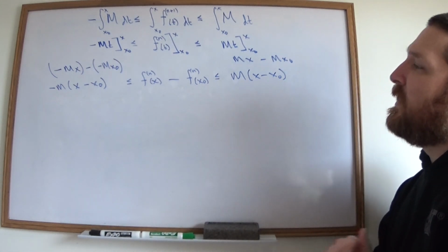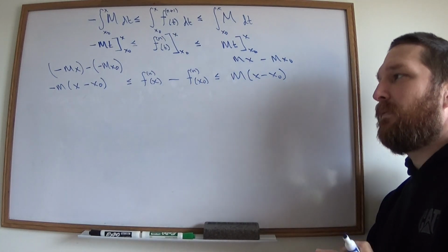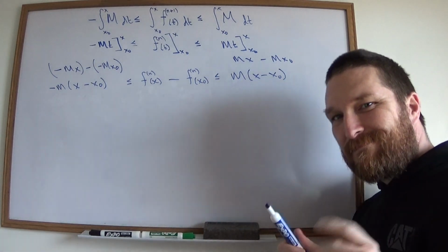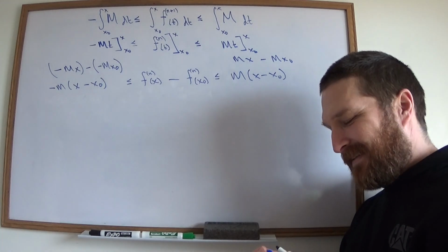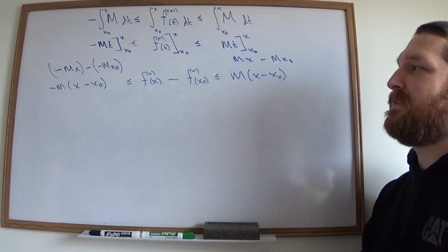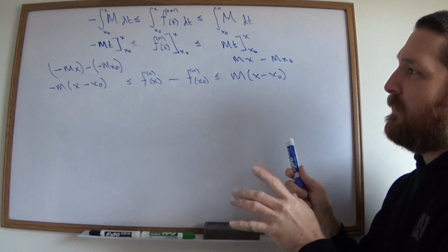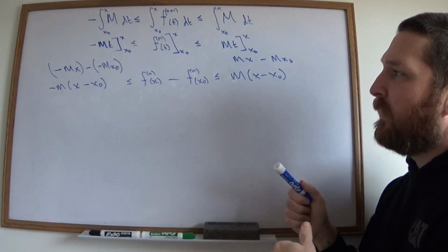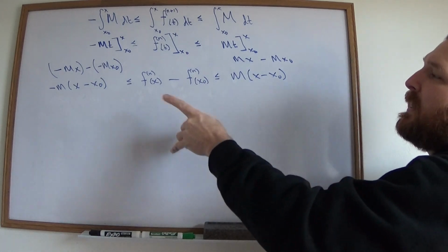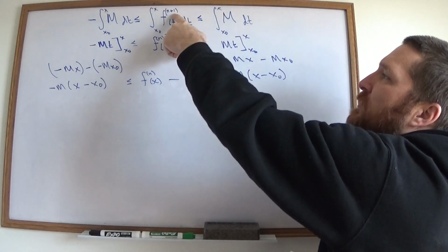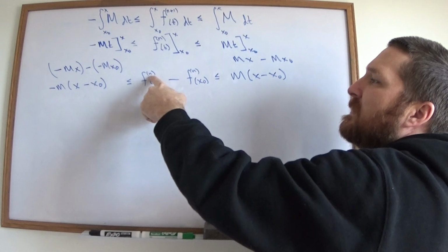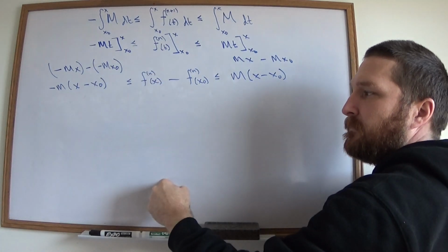Makes sense? Okay, now here's a step that might be kind of hard to see. What I want to do now is integrate again. Why? Because every time I integrate, I'm going to decrease the order of this derivative.